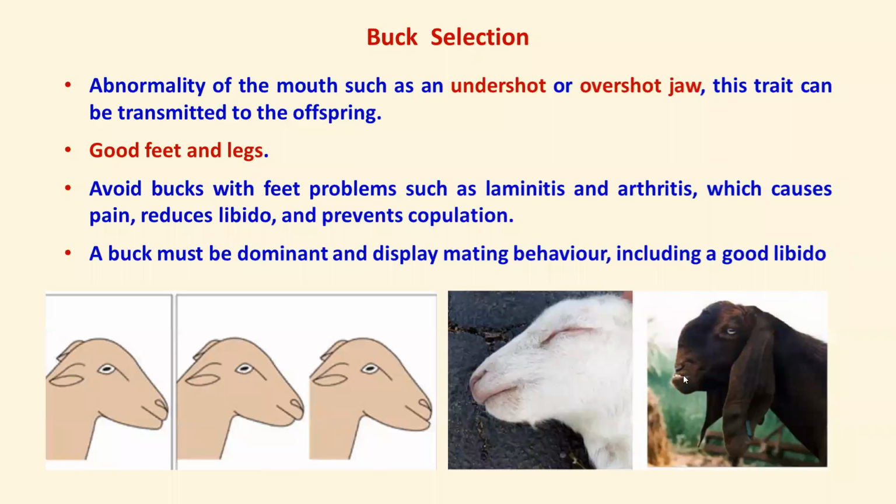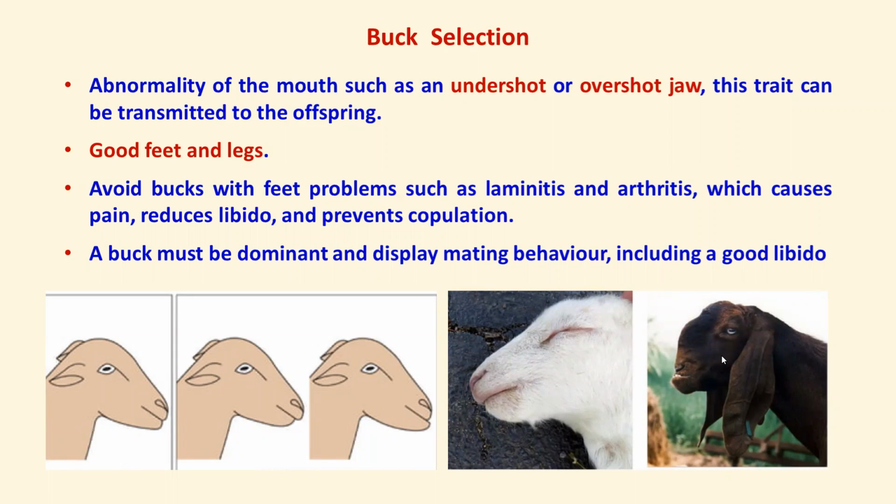You can see there is an undershot and overshot jaw. We are showing it in the diagram. It should not be there while selecting, because these traits have medium heritability reported in the research articles. So if there is medium heritability, it means there is a high chance that your progeny will also have this kind of jaw, which is not good at all.